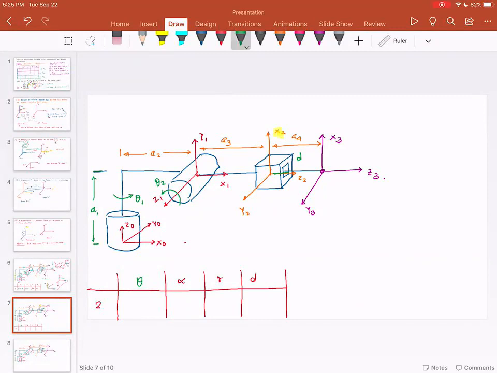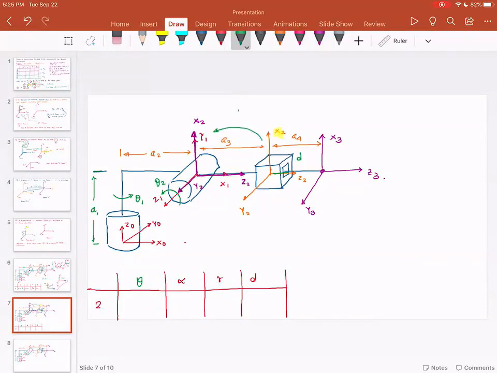So what we need to do is translate the frame so that this coincides with x2, z2, and y2.